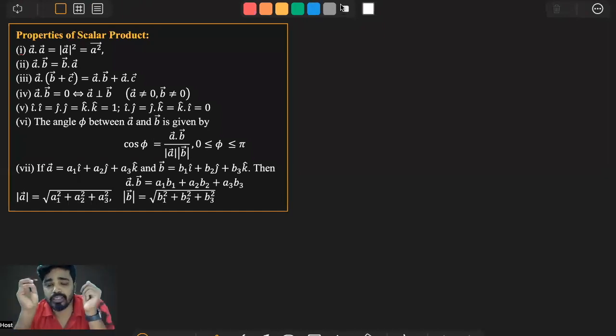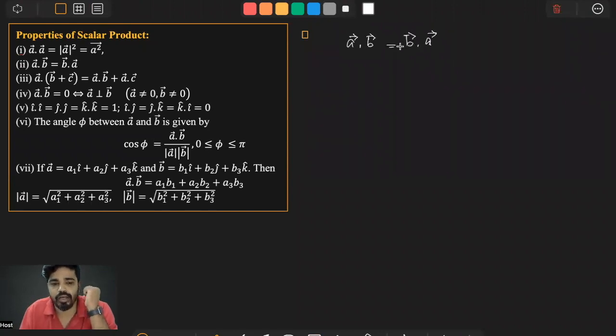Commutative means A dot B is equal to B dot A. So the first property is that if A and B are two vectors, then A dot B can be written as B dot A. Next, A dot A is modulus A square, or this can be written as A square. This is property 2.